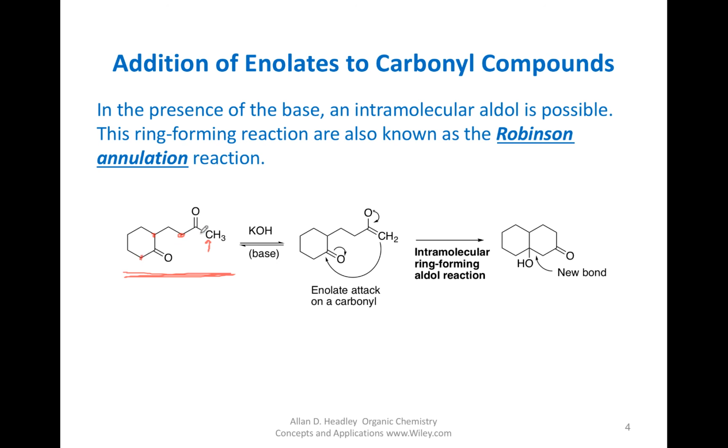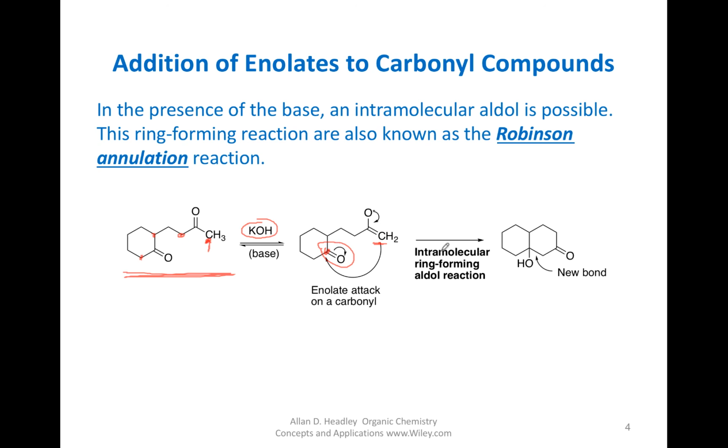Let us look at the abstraction of a proton from this alpha carbon using a base. This enolate is generated, and this enolate can react with this carbonyl here because this carbon is partially positive, an aldol condensation.